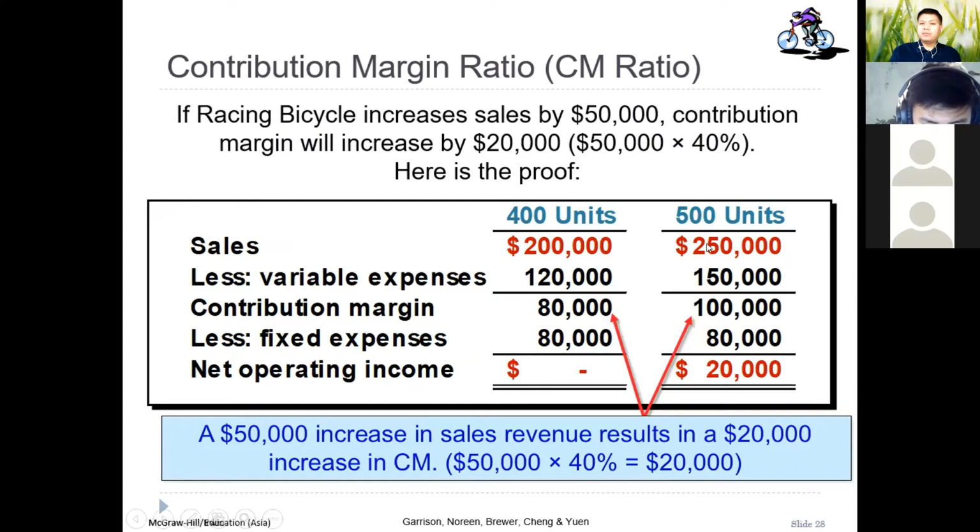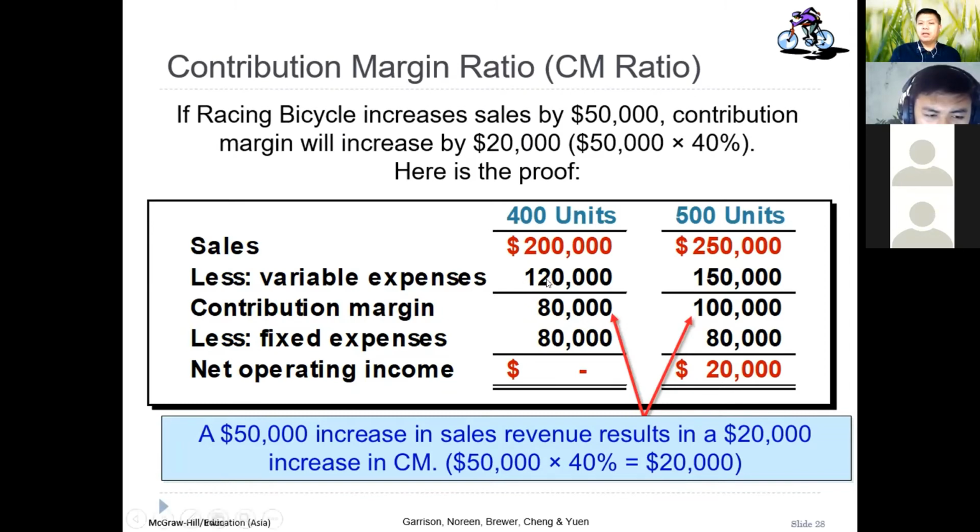That's 250,000. Sorry, he already gave the 50,000. So that's 200,000 plus 50,000, that's 250,000. Or simply, 500 units times 500 per unit.